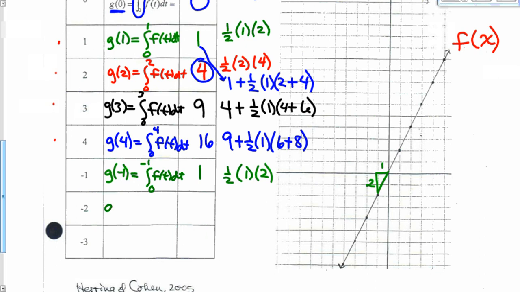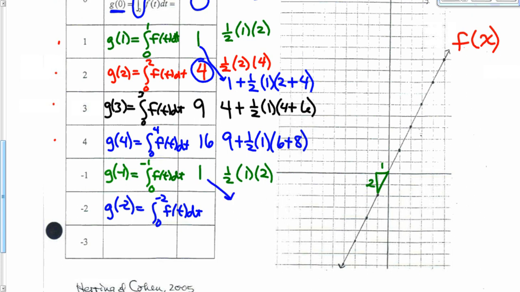Same idea for g of -2. g of -2 has a negative dt because I am going from 0 to -2. My dt is negative, and my f of t is also negative, so when I find the area, it will be positive. Multiplying a negative times a negative is positive.